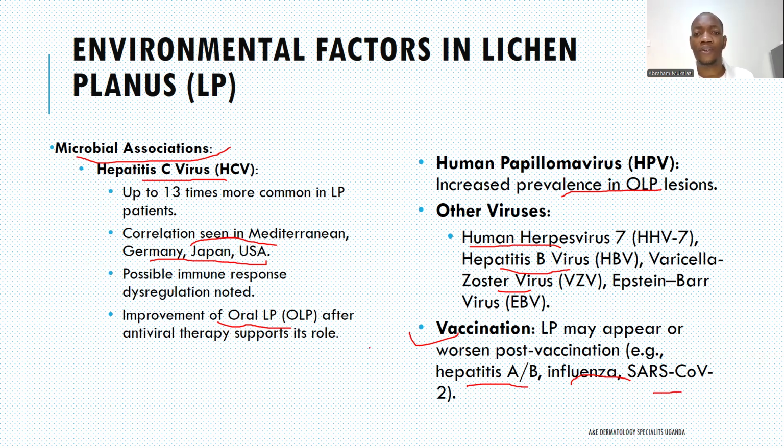So when you're taking your history in lichen planus, you have to ask about history of vaccination, either during, after, or before the onset of the clinical presentation. That is very key because some vaccines have been associated with development of lichen planus. At least you should remember these ones: hepatitis B, hepatitis A, influenza, and the COVID vaccine.